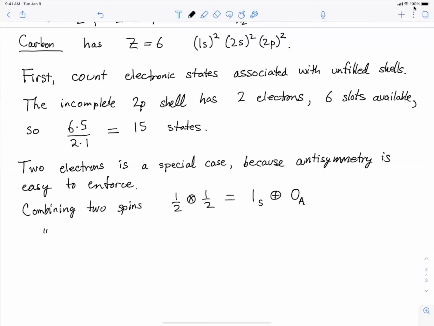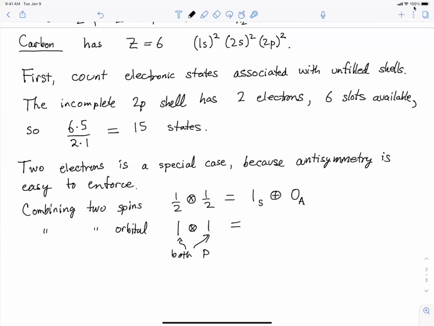All right, and now let's combine the orbital angular momentum. These are our p states, and so this is a 1 cross 1. The 1 is because they're both p states.